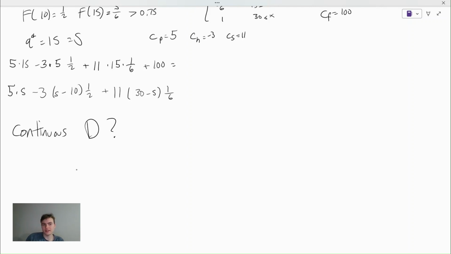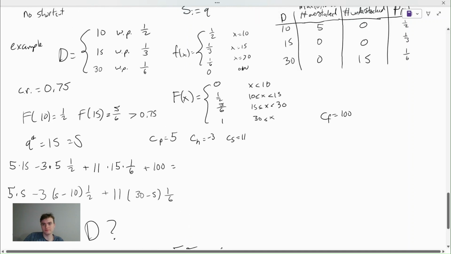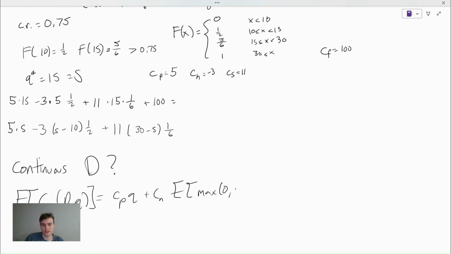Then our cost function C(Q) equals CP times Q plus CH times the expected value of max 0, Q minus D, plus CS times the expected value of max 0, D minus Q.